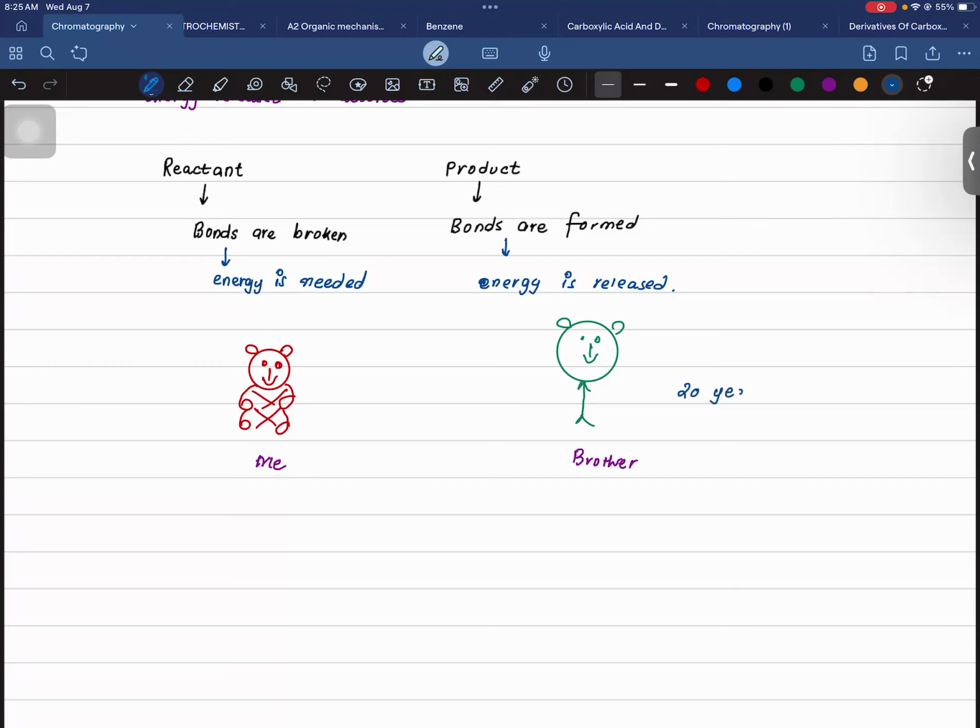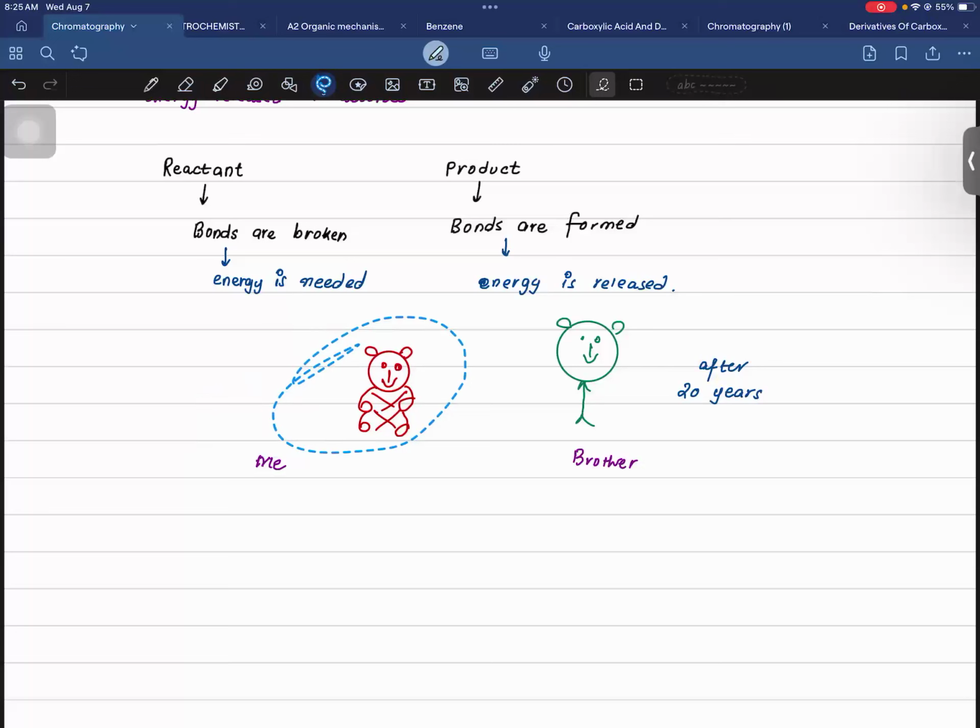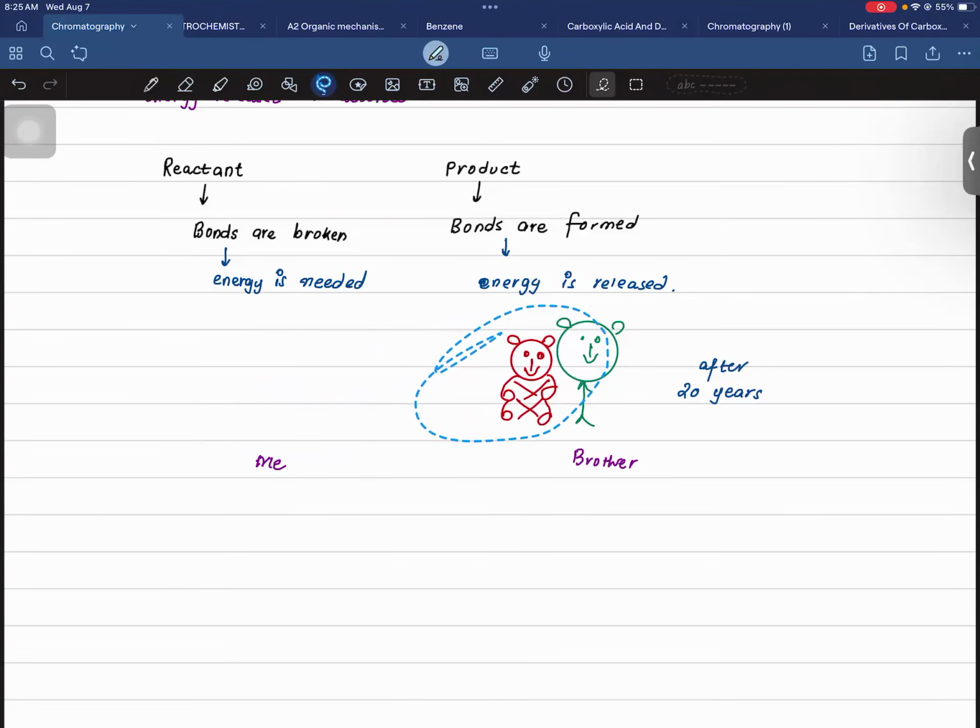When I go to meet him, I'm so excited. I'm going to hug him, so obviously I would be releasing energy. So when the bonds are formed, the energy is released.